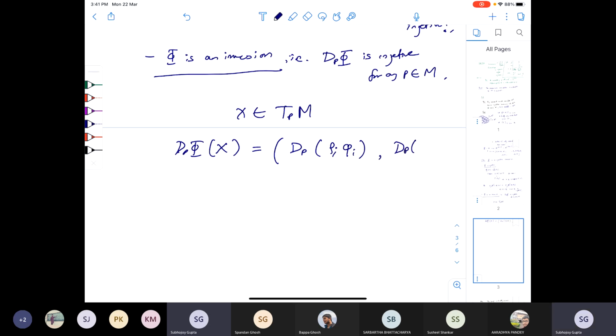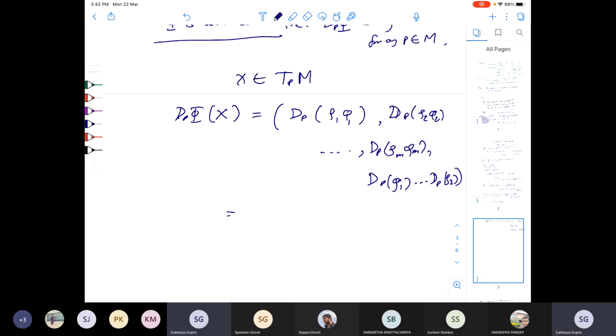Well, we start with 1: dp of rho 1 phi 1, dp of rho 2 phi 2, and so on, dp of rho m phi m.